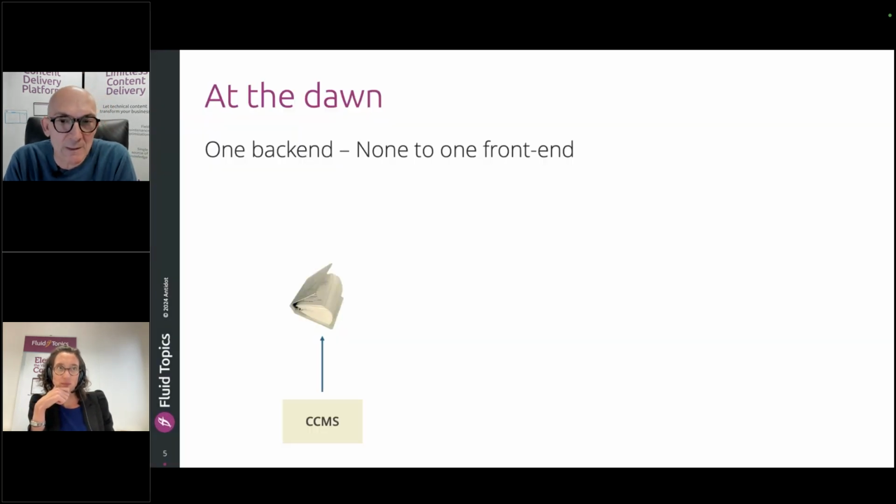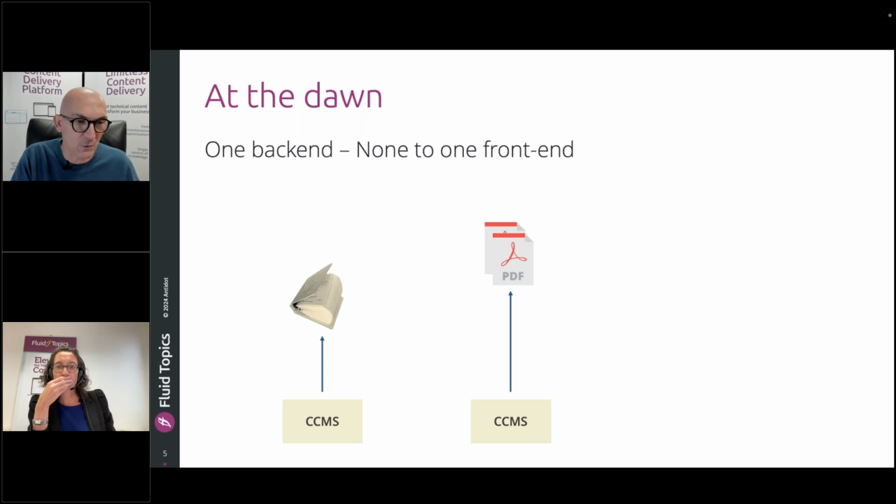So that's pretty simple. Back then, say 20 years ago, life was simple. So you were writing content, you had one tool, one source of information for that. And probably with that, you were just generating those printed materials that were shipped to customers. So one backend, no front end. Then probably you switched to generating PDFs to replace those printed documents.